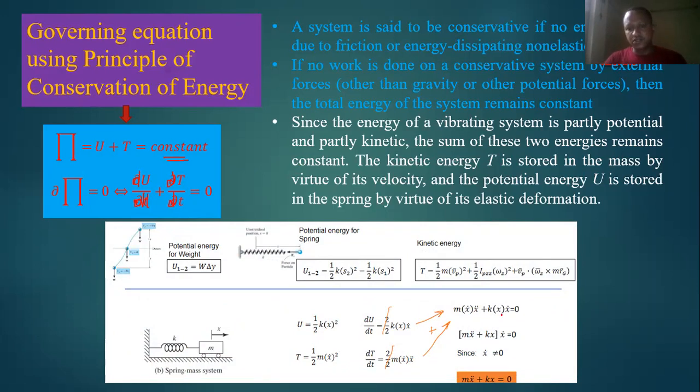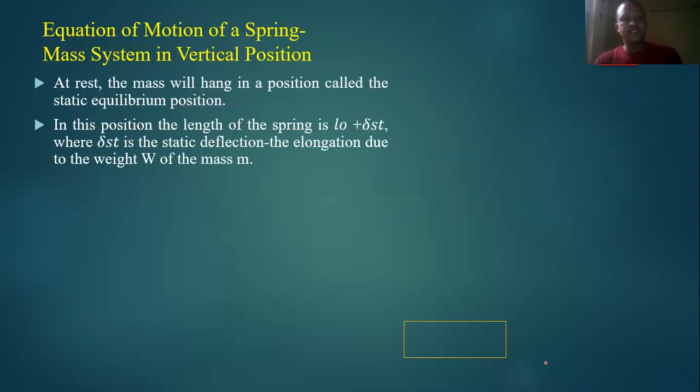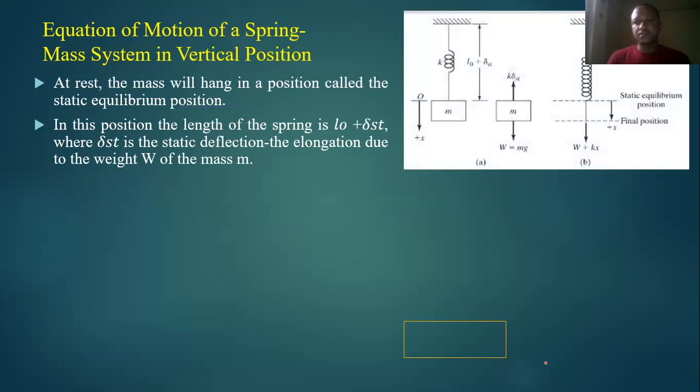Applying this into the equation and taking out x dot, for x dot different from 0 we get this equation. That is obviously the equation of motion of the simple undamped free vibration case.